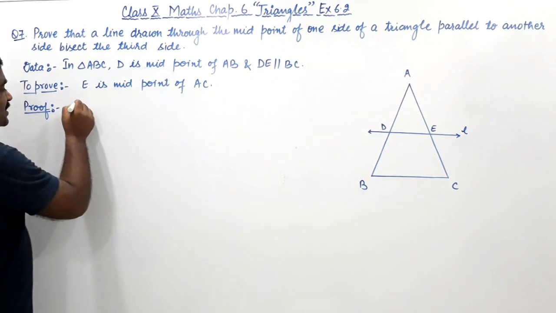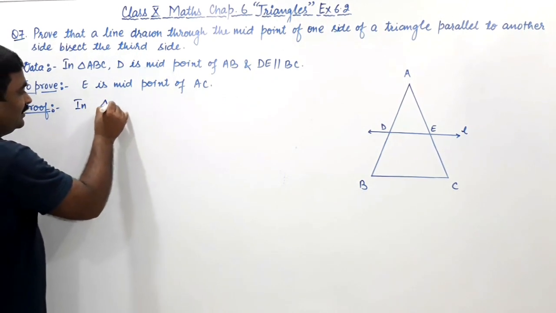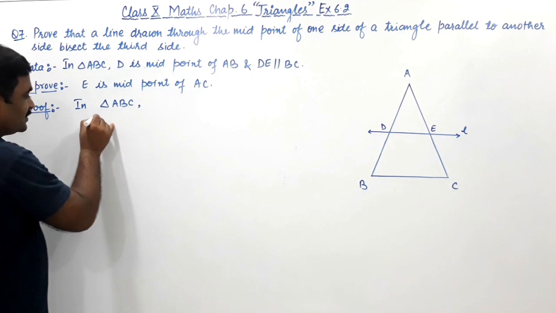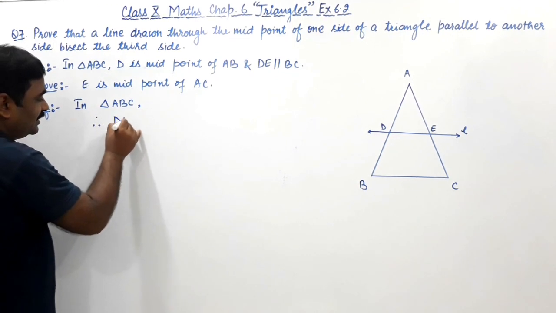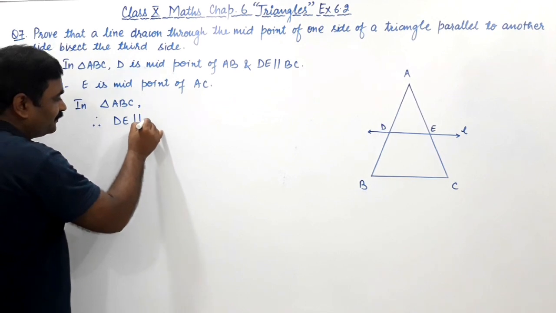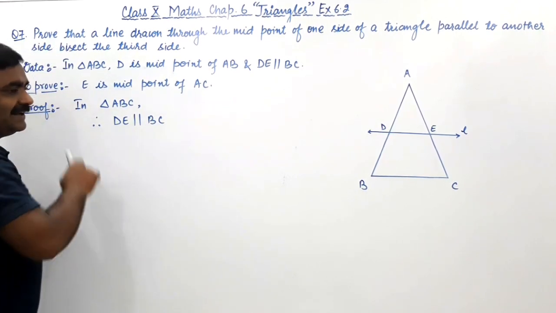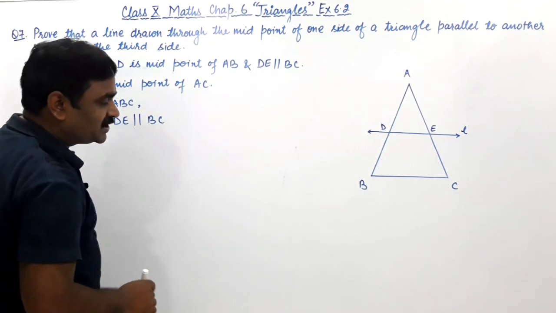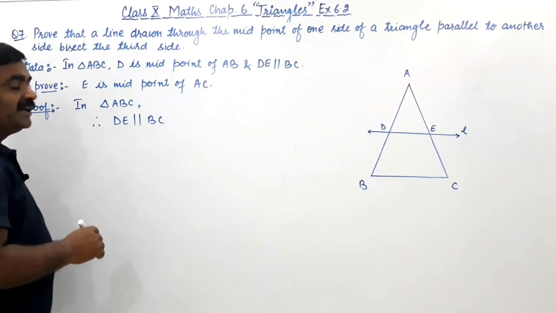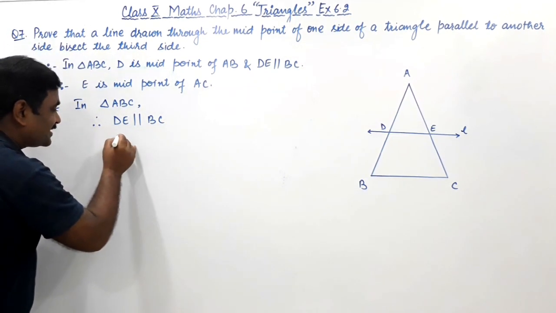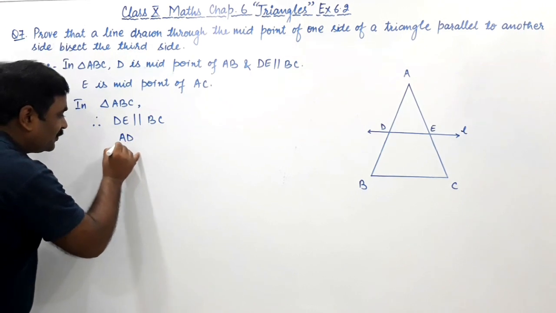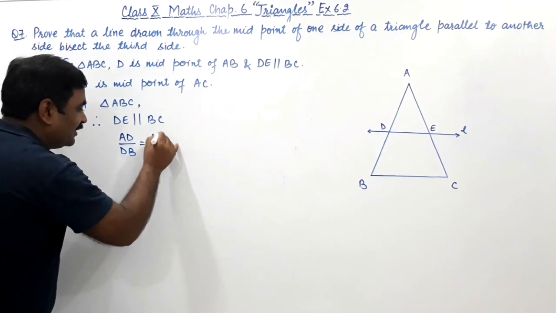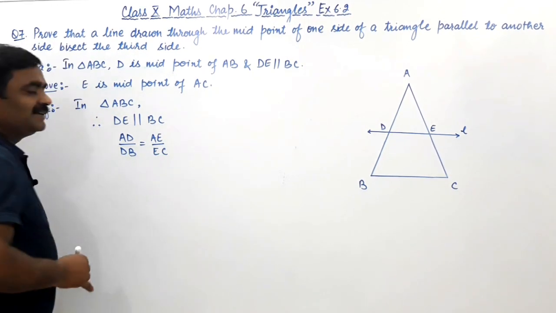So in triangle ABC, since DE is parallel to BC, therefore by Thales theorem you can say that AD upon DB equals AE upon EC, right?